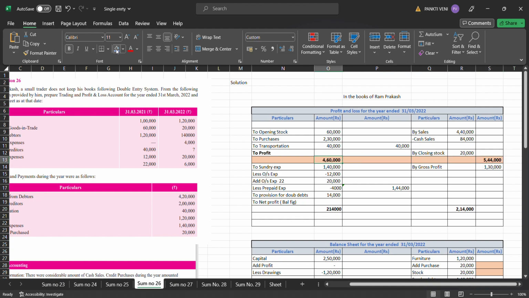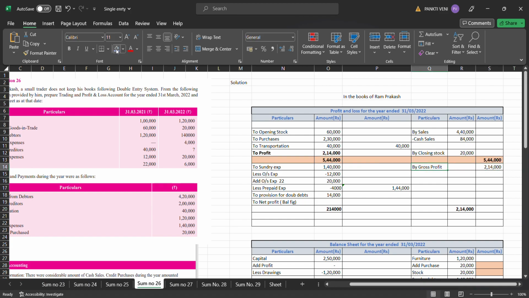Okay, 5,54,000 I'm getting as total. Out of this 5,54,000 I'll subtract my 60,000 opening stock, purchases 2,30,000 and 40,000 transportation. So 5,54,000 minus this amount, I get 2,14,000 as my gross profit figure.